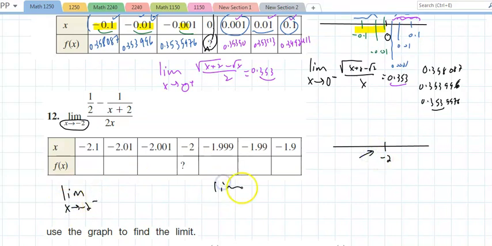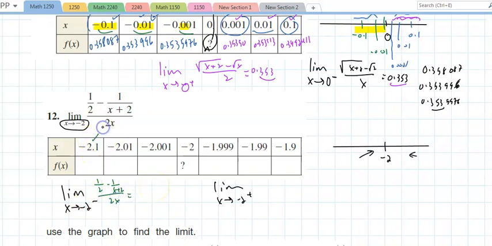I'm going to look at the limit as x approaches negative 2 from the right, above. So let's do this in green. See what we get.